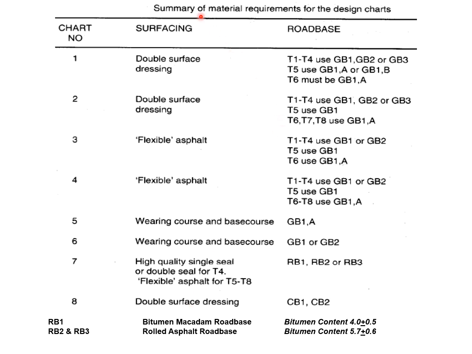And this column is meant for the surfacing. We are having different options: double surfacing, flexible asphalt, or the most rational option where the wearing course and the asphaltic base course both are present. Now look at this road base.